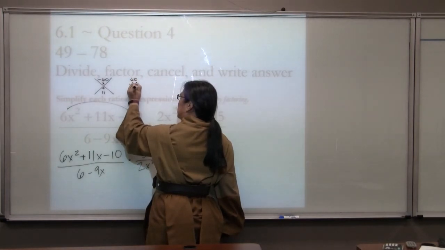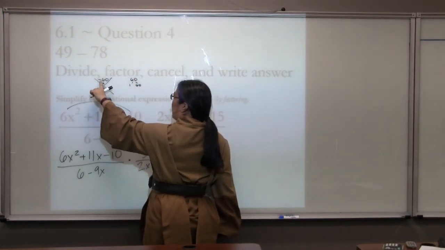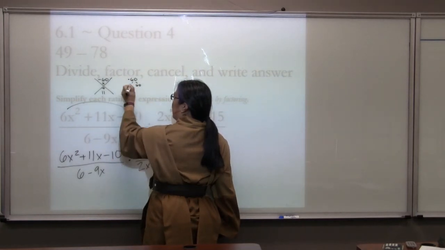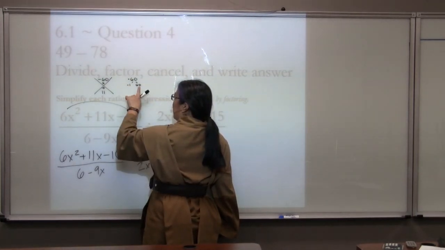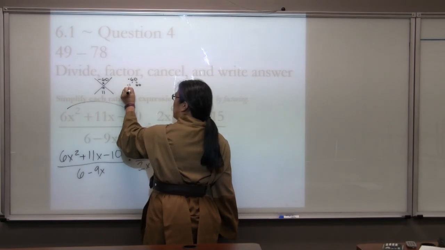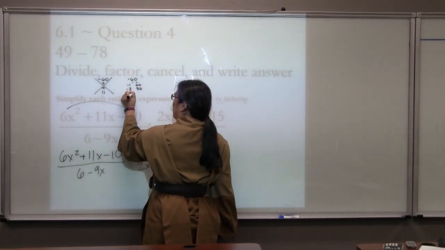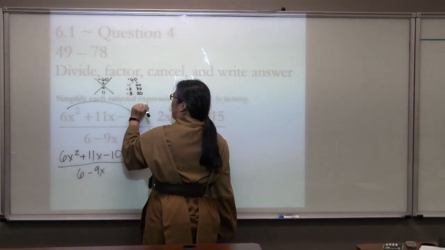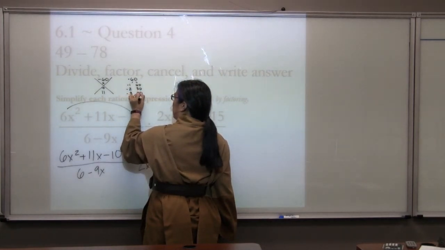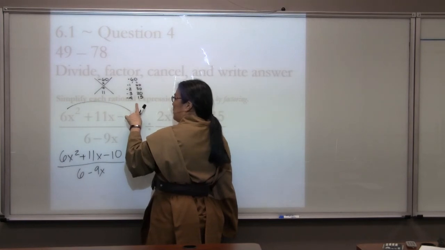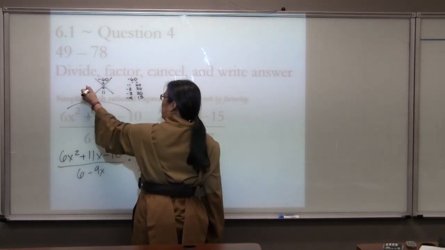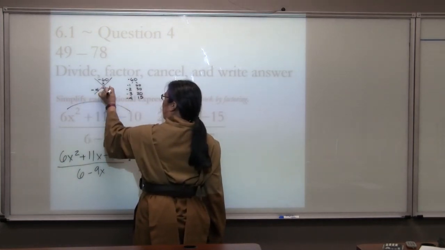That is 1 and 60. 1 would be negative, and I'd like the smaller one to be negative. That would give me 59. 2 and 30. We're getting closer. 3 and 20. We're getting closer. 4 and 15. There it is. I could keep going, but since I found the one that gives me 11, I have negative 4 and 15.